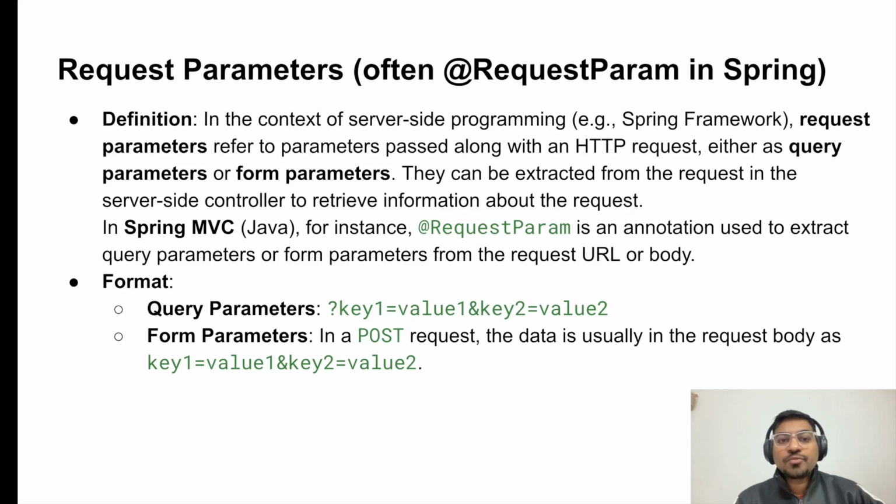So whatever parameter we pass via the HTTP request is known as a request parameter. A query parameter is also a request parameter. A request parameter is further divided into either query parameters or form parameters.